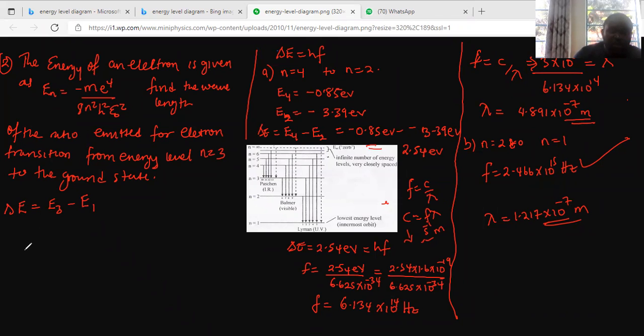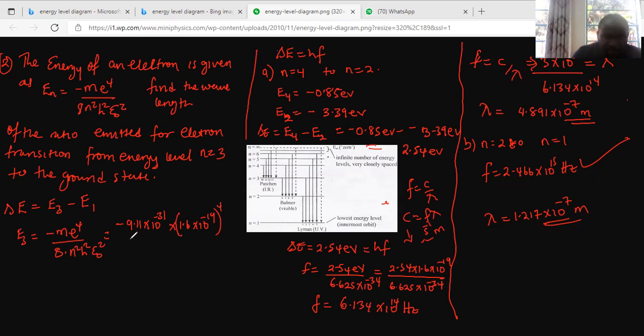Which energy E3 you do not have. So energy E3 can be got from negative m e to the fourth out of 8 times n squared, h squared, epsilon squared. Mass of an electron is 9.11 times 10 power negative 31, electronic charge 1.6 times 10 power negative 19 to the power fourth.